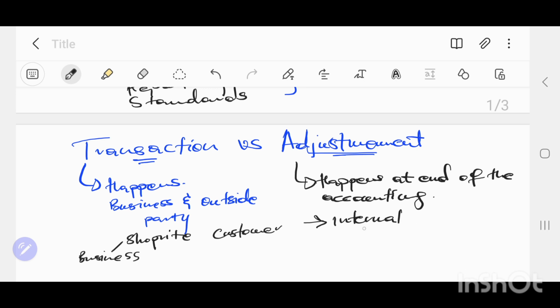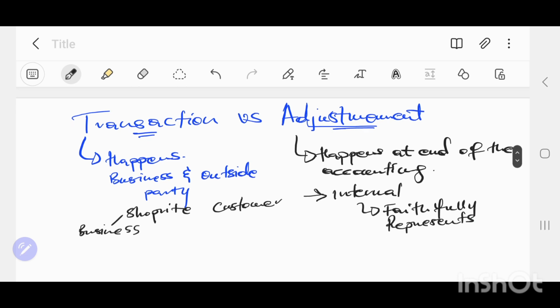We adjust so that the information faithfully represents what transpired in the business during that financial year. Remember, we spoke about faithful representation.